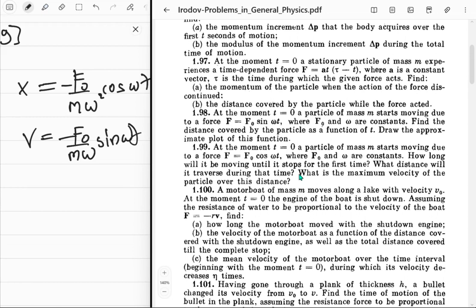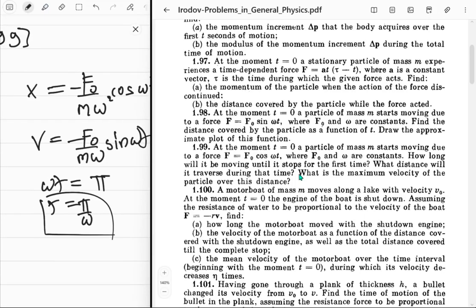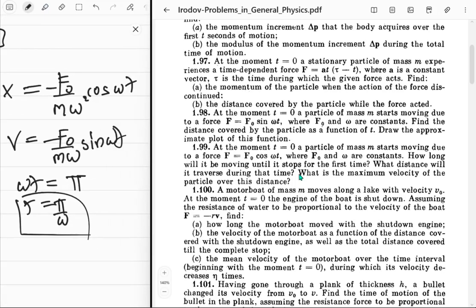Eventually you reach omega t is equal to pi, and at that moment it will stop, right? And then what? So how long? Just omega t is equal to pi. So t is equal to pi upon omega. That's when this will stop. Just use capital T, pi upon omega.